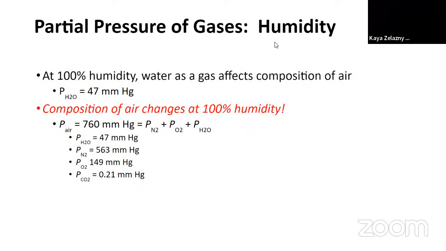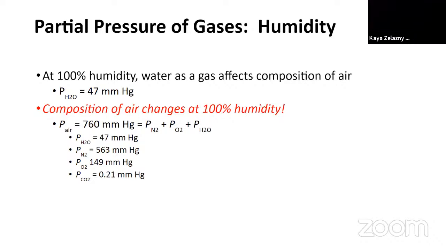The other thing that's going to make a difference, so remember, as air moves through the conducting zone, so as it moves into your lungs, we're warming it up and we're adding humidity, right? We're making that air warm and moist, so it plays well with the tissues in your alveoli.